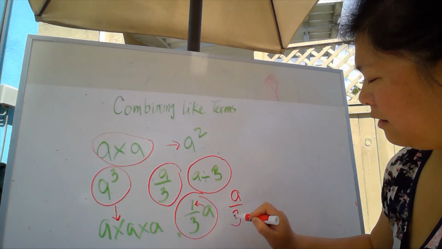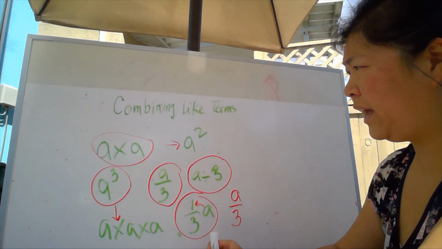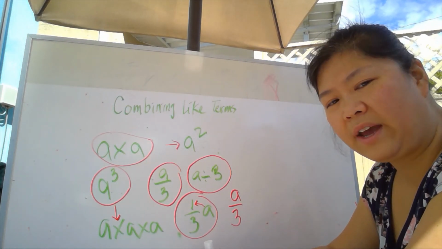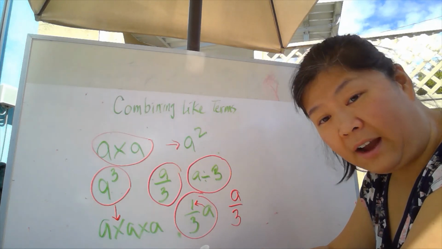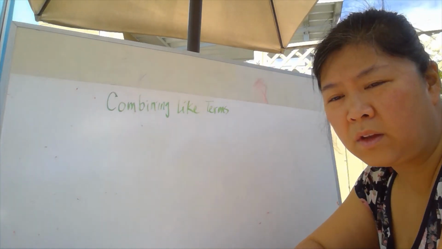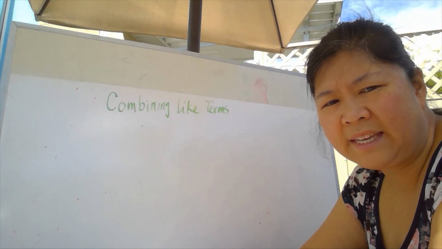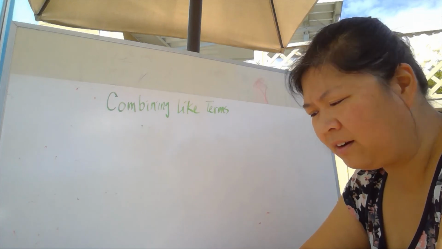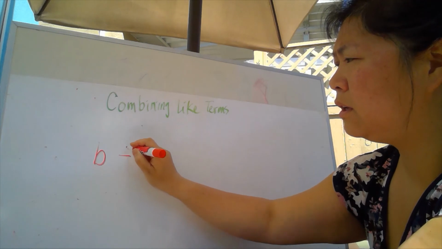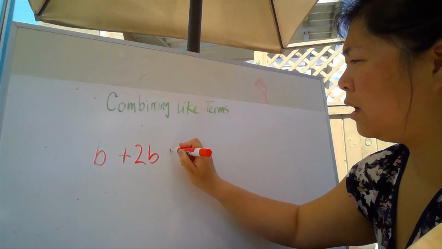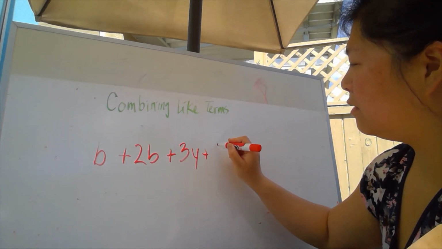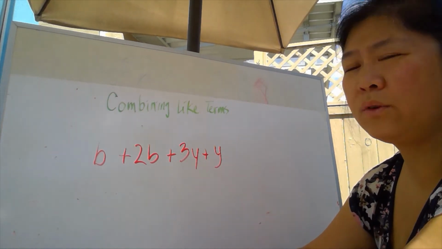So when we have like terms, you want to add them together or group them together so that you can simplify each like term. So how do you group them together, or how do you add them together? So if I had, using b as a variable, b plus 2b, plus 3y plus y, how do you group them together?